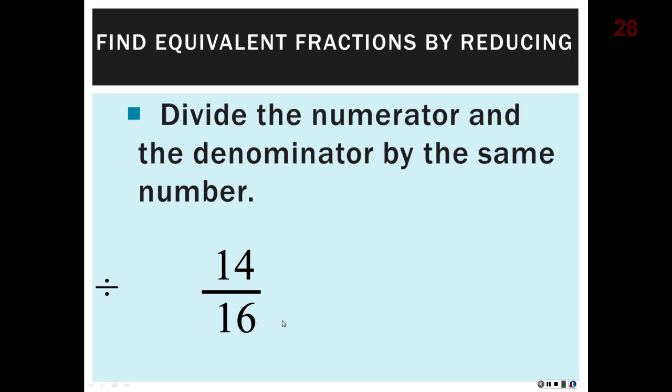If I divide both by 2, what does my new fraction become, or my equivalent fraction? 7 over 8. When you are reducing fractions, you must reduce by the same factor, the same number, both top and bottom. Otherwise, you're not able to reduce.